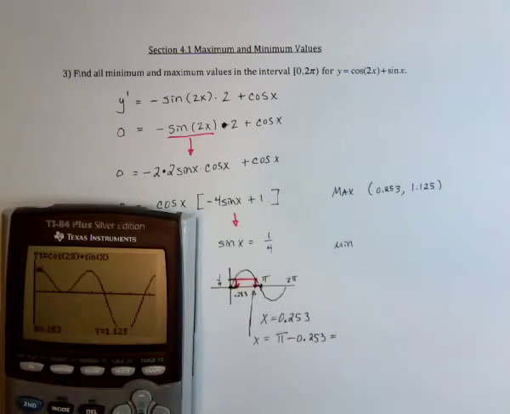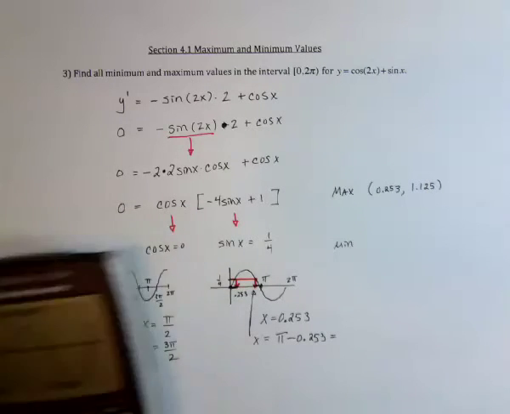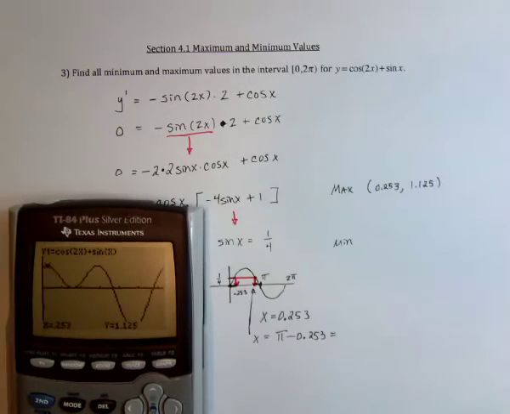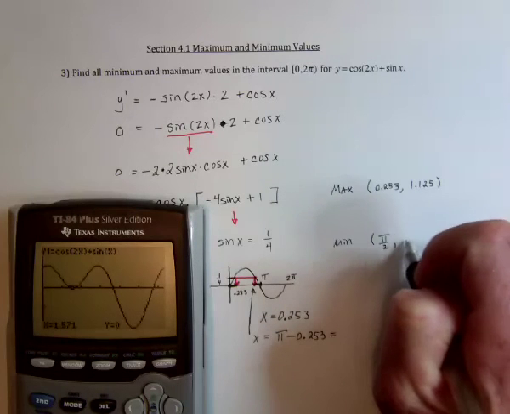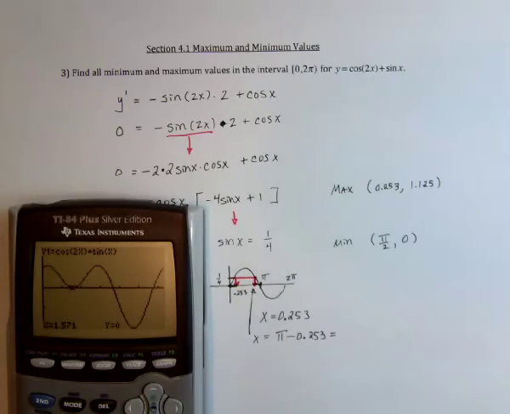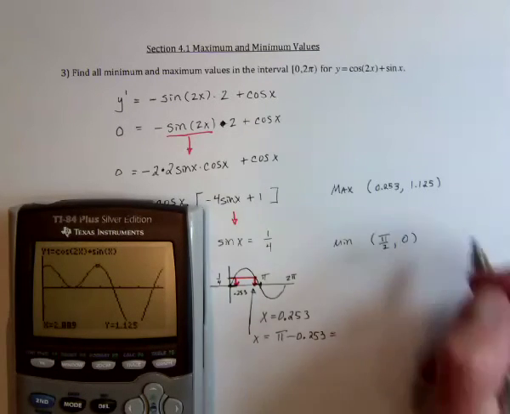Next, there's this one. So you may remember that from cosine we got pi over 2 and 3 pi over 2. So next I'll check pi over 2. So pi divided by 2 is going to be that minimum. So at pi divided by 2, 0 is a relative minimum. And then there's this value, pi minus 0.253, I'm thinking is that one. Oh, good.